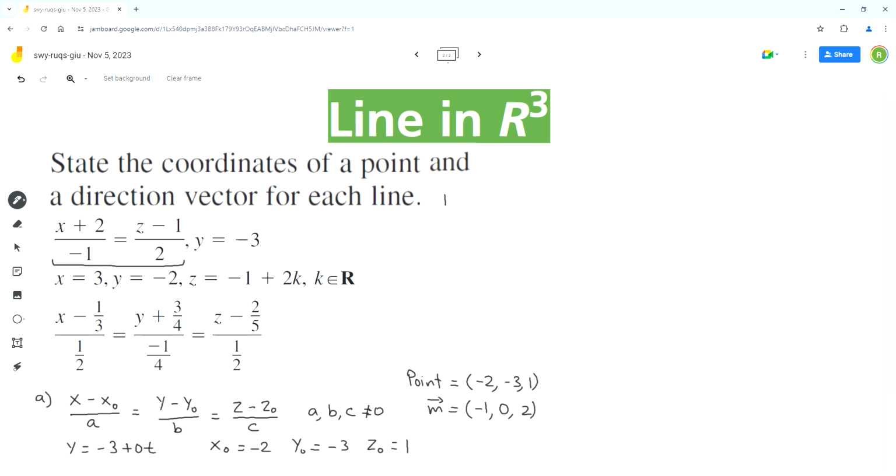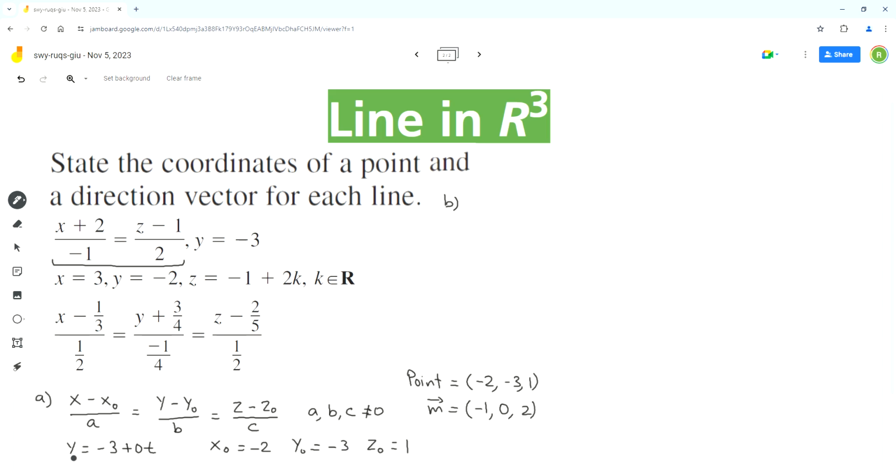Now we can analyze the second given line. The second given line is in parametric form. X equals 3, y equals -2, z equals -1 plus 2k. There are no k terms in the x and y equations. That means the coefficient of the k terms in the x and y equations is 0.